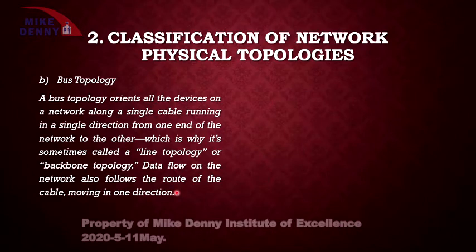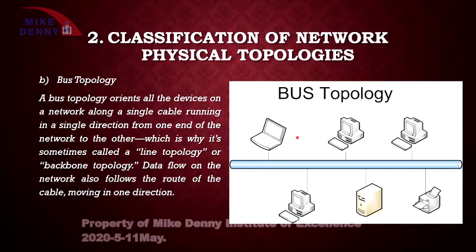As you can see in this illustration, we have one single cable that we also call the backbone or the line, and all the computers or devices are connected on this line. That's what we call the bus topology.